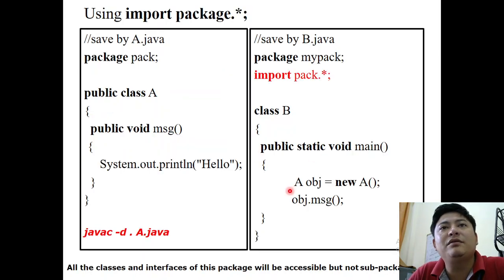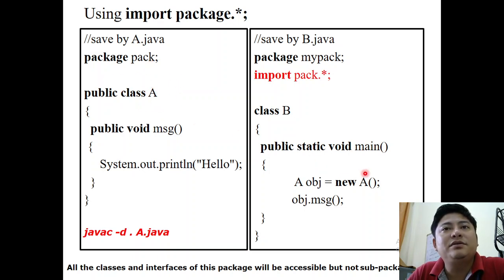When you write this statement, a space, name of the object, equals new operator, then name of the class a and empty parenthesis. You can see that a has not been declared anywhere in this b.java. It is somewhere in the pack folder, class a.